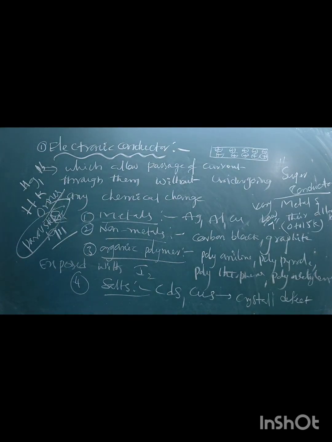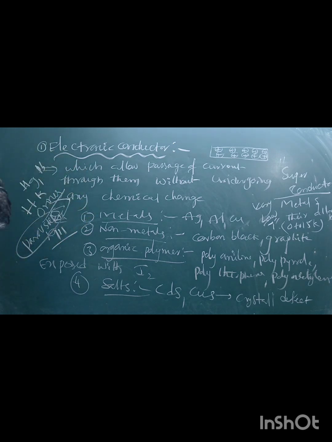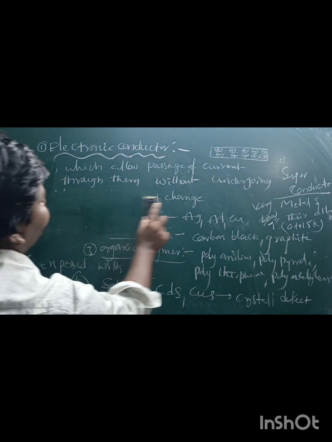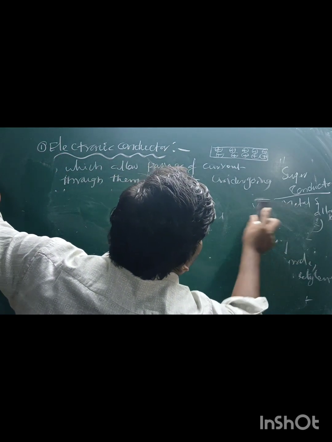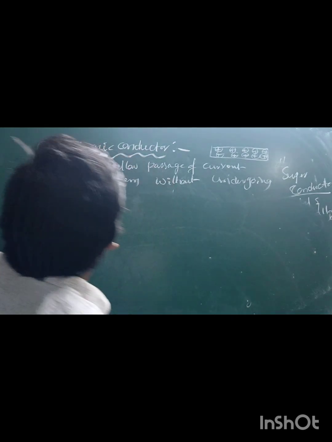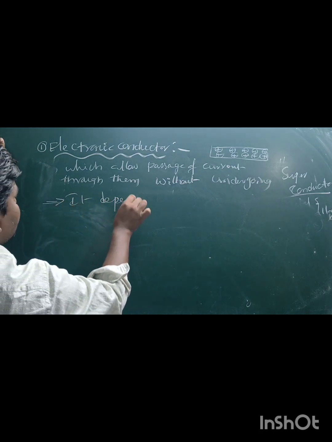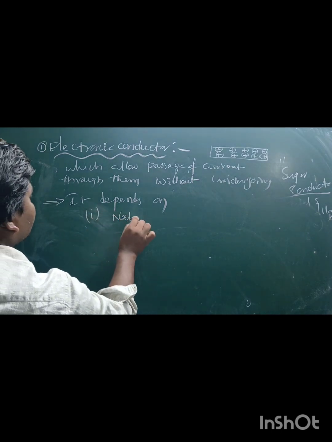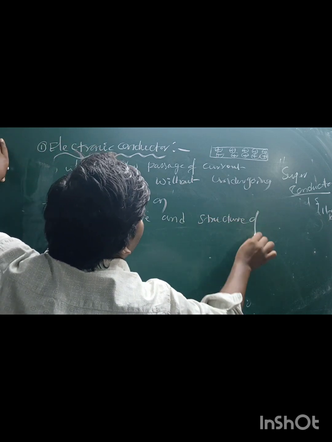Next, what are the factors that the conductance of an electronic or metallic conductor depends on? It depends upon the nature and structure of the metal.